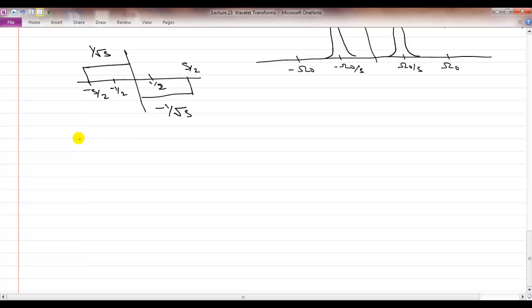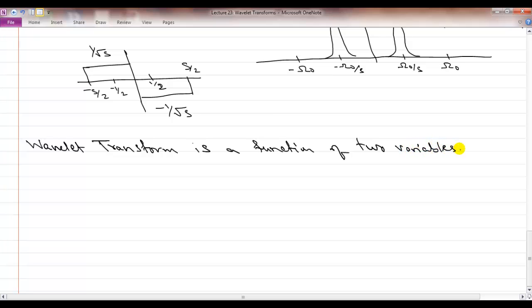So what's the formal definition of a wavelet transform? Let's start with that. The wavelet transform is given by simple inner products of your function with these time shifted and scaled versions of your mother wavelet. It's a function of two variables, just like the short time Fourier transform.